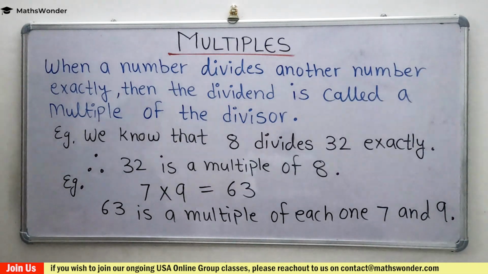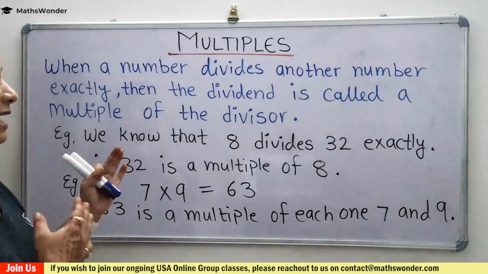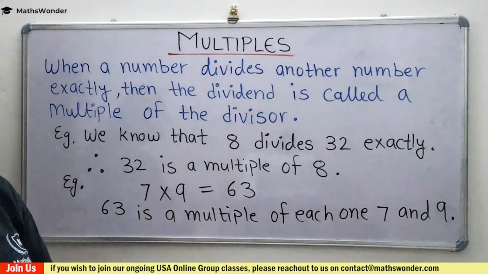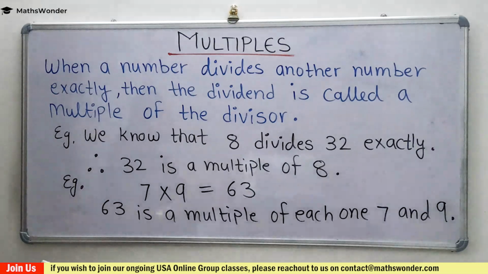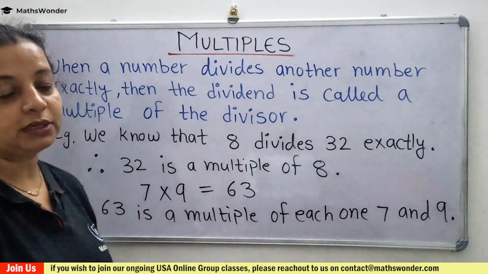Yeah. So, see the question given in the two variations, like if the question given is: does 8 divide 32 exactly? Yes, of course. If 32 is a multiple of 8? Of course. Why?